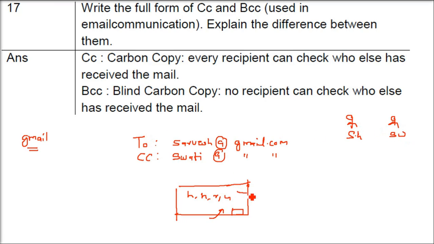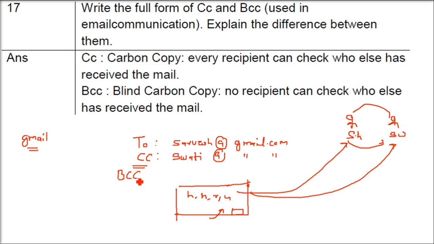Sarvesh and Swati, when you send the mail, they both will be able to see it because you have put Swati's name in CC. So you have sent a carbon copy of Sarvesh's mail to Swati. Now coming to BCC.